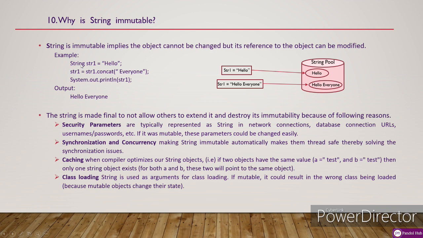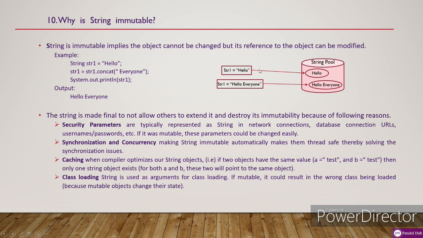So for example, you have a string variable called str1 which is assigned the value hello. In this first line, what happens is that in the string pool, an object with the value hello is created and it is pointed to by the string variable you have created, which is str1. And now going on to the second line, which is the concatenation of this string, that is, for the existing string variable you are concatenating it with a value called everyone.